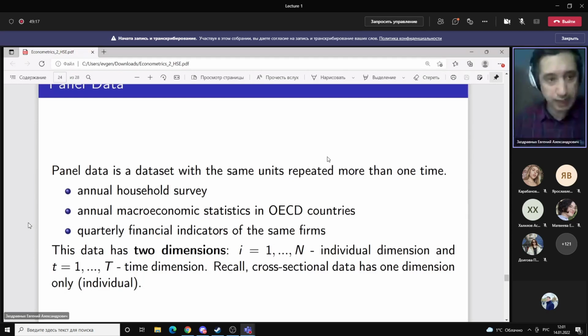But often we cannot obtain panel data, or it could be pretty difficult to survey the same individuals or the same firms every year. This is the reason why often we cannot apply panel data methods in practice. So if you want to apply it, first of all, collect panel data, and it's not so easy.